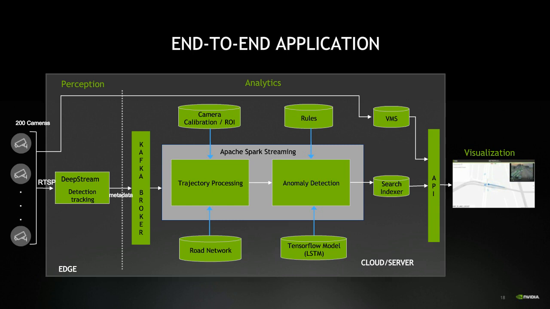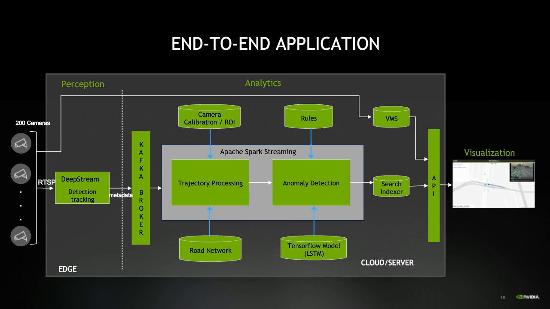There are several anomaly detections implemented. Some are rule-based and some are from an LSTM model. The rule-based could be a speeding violation or an unexpected stop. The LSTM-based could be a car driving in the wrong direction. It looks at sequence to sequence, and anything that deviates from the norm will be classified as an anomaly.